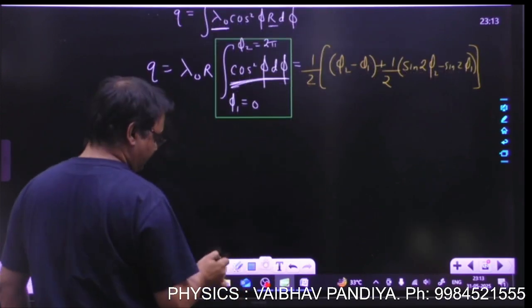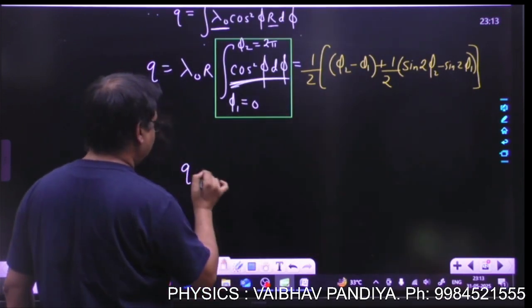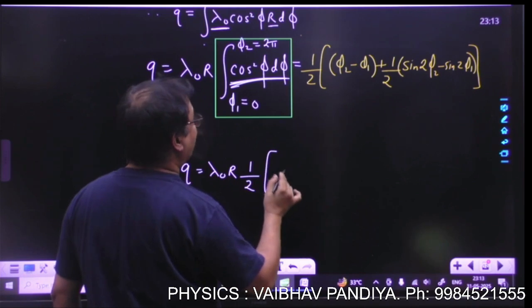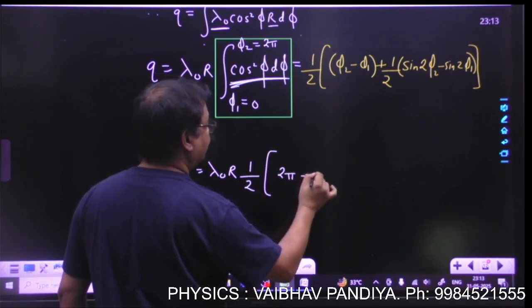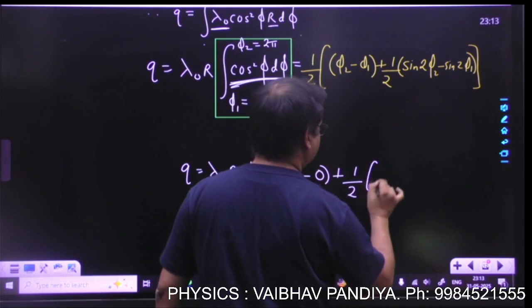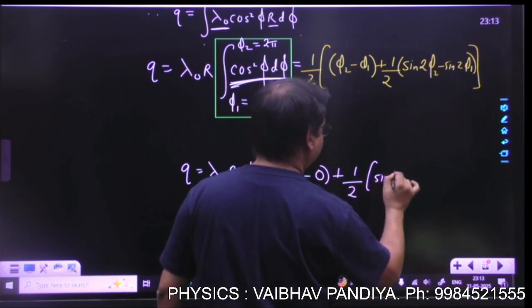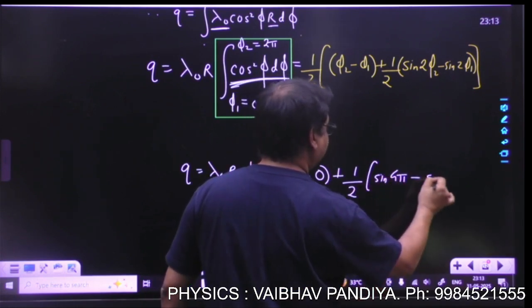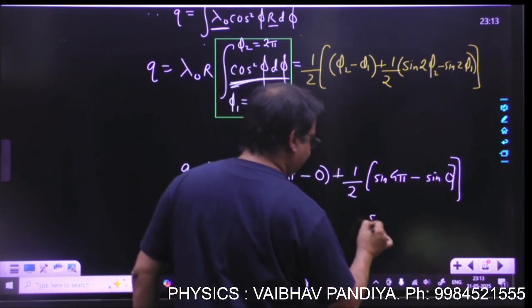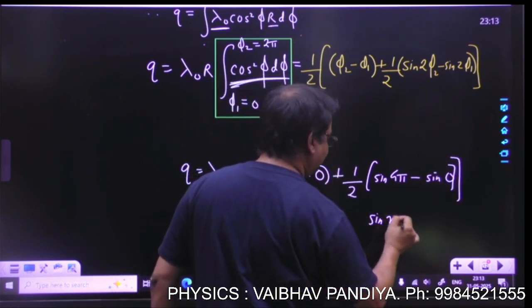So my value of charge will come to be lambda naught r times half, what is phi 2, 2 pi minus phi 1, 0, plus half of sine 2 into 2 pi, that makes 4 pi, minus sine of 0, correct? And right now we have seen the sine of any integral multiple of pi is 0.